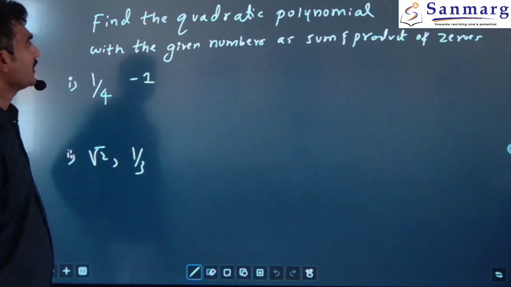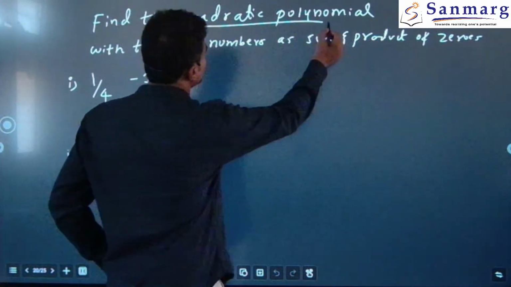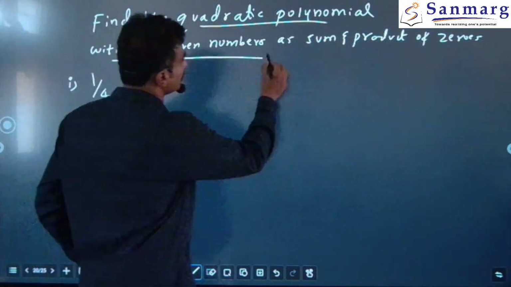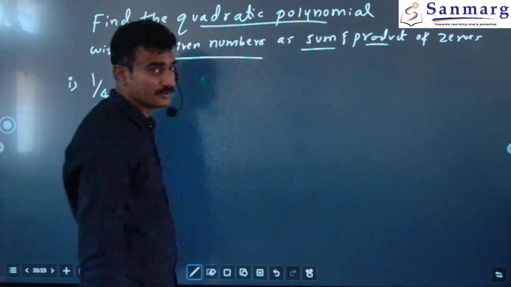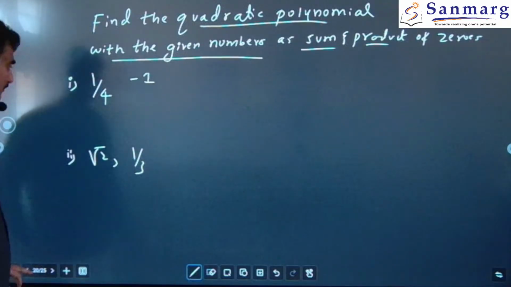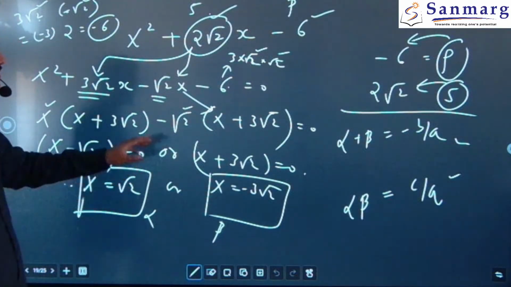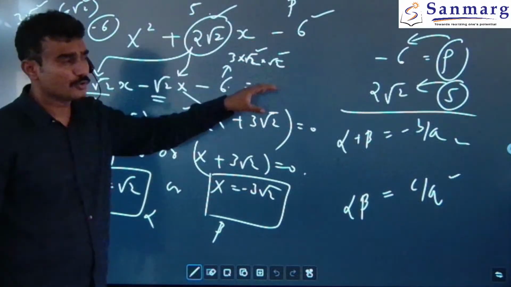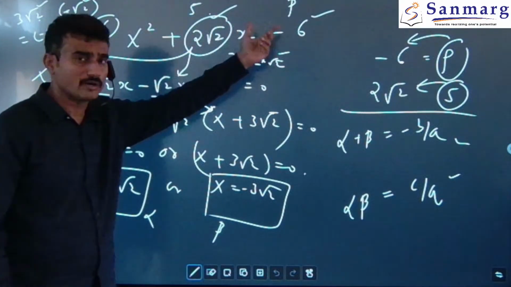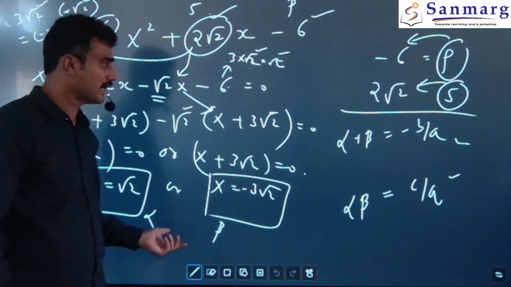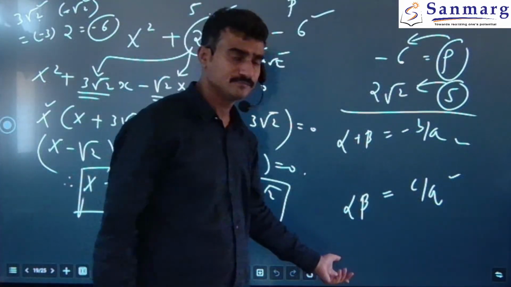So the next category is we have to find the quadratic polynomial with the given numbers as sum and product. In the previous questions, they used to give the quadratic equation. We have to find the zeros and we have to find the sum and product.